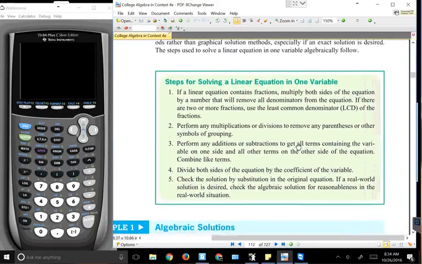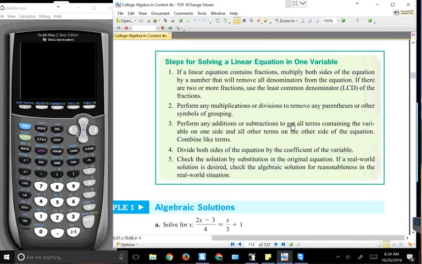Now, if there is one thing in algebra that is of paramount importance, this, okay? If you can deal with this, algebra is a piece of cake, right?